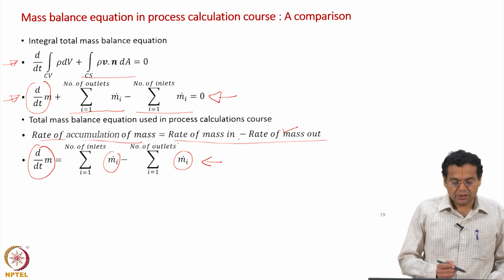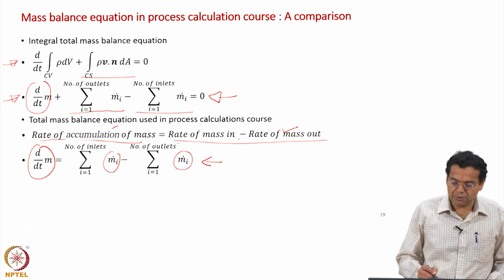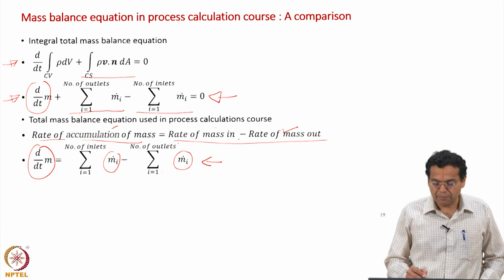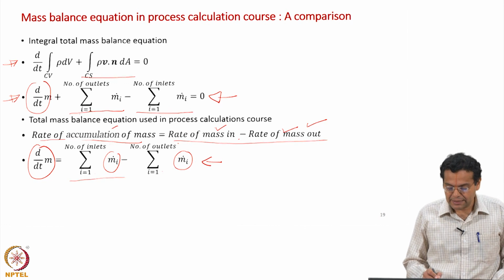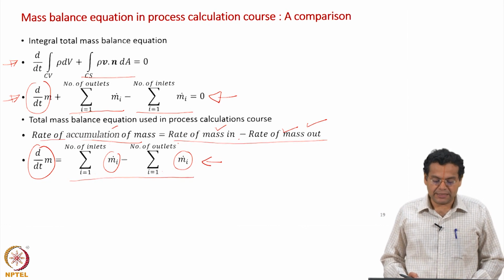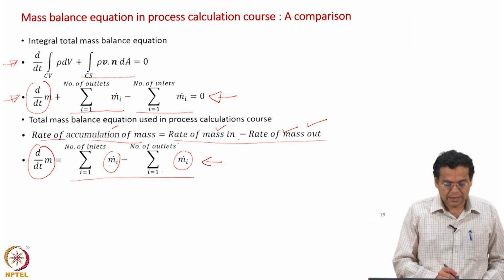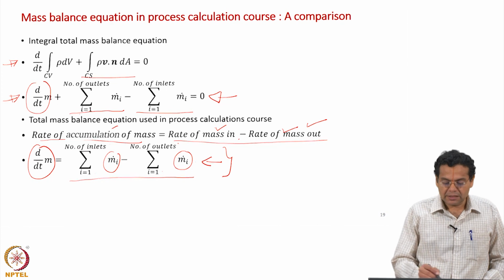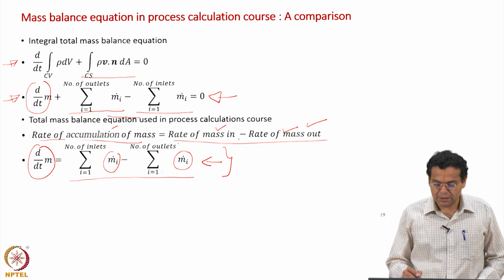The way in which you would have written in a process calculation course is, rate of accumulation of mass is equal to, you took the flow rates to the right hand side, so they became rate of mass in minus rate of mass out. So, on the right hand side they are sum of flow rates in minus sum of flow rates out, but both are eventually the same. The only difference is that you have these terms on the right hand side, we have these terms on the left hand side. Otherwise, there is no difference between this equation and this equation.